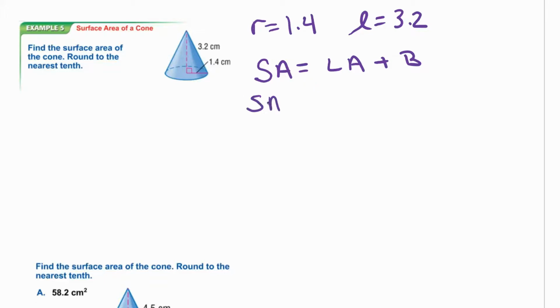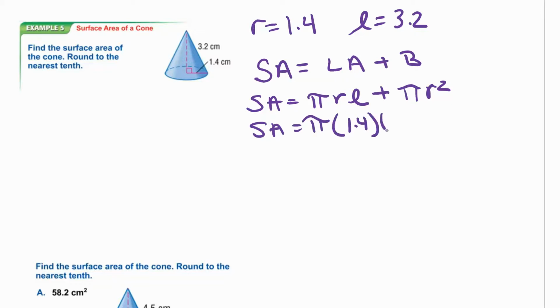So the surface area would equal pi RL, which is our formula for the lateral area, plus the formula for the base. And the base is a circle, so pi r squared. So the surface area would equal pi times 1.4 times 3.2 plus pi times the radius squared.